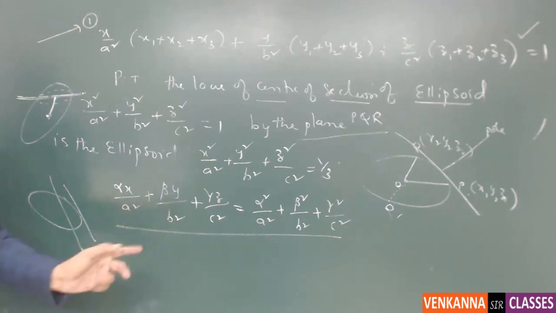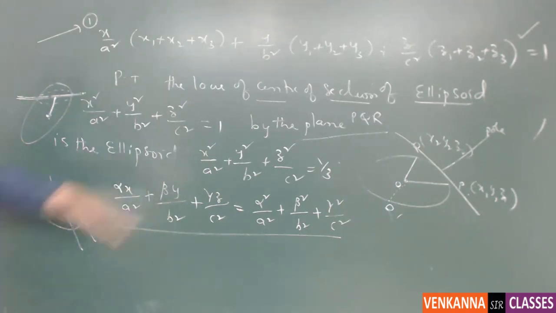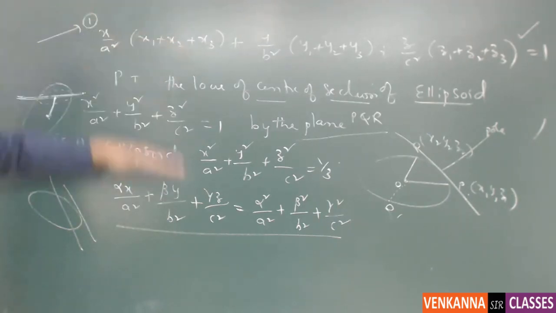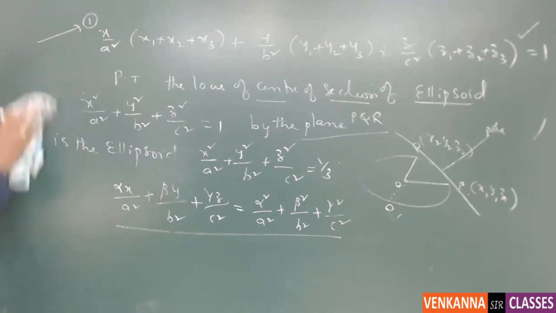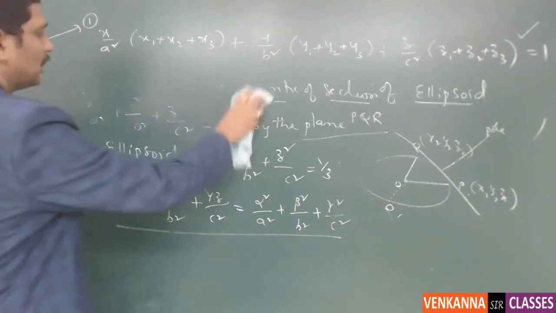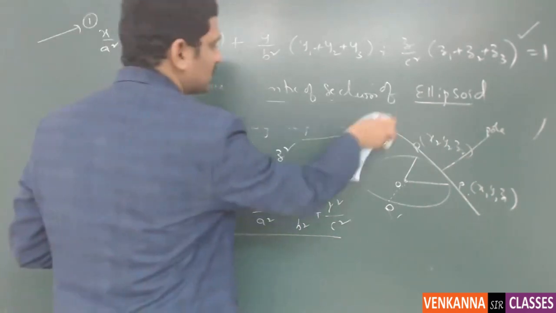So in this way I have written the plane equation. Right. Now let us compare the two plane equations just like the previous problem. This is the plane, this is the plane. Let us compare the respective coefficients there. What happens? So I am going to compare the coefficients in the respective plane equations.